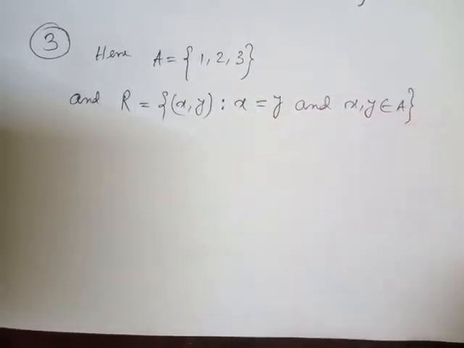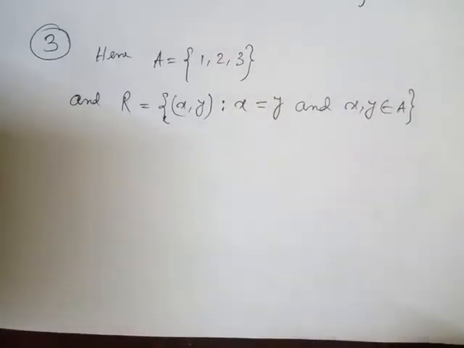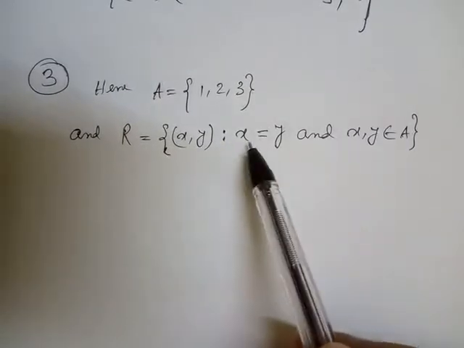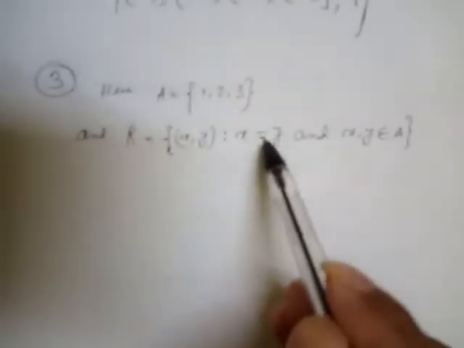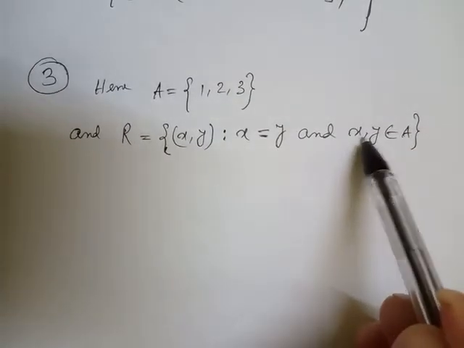Now look, this is the main trick here in the condition. Here, x and y belong to A, which means all the elements of x and y belong to A.